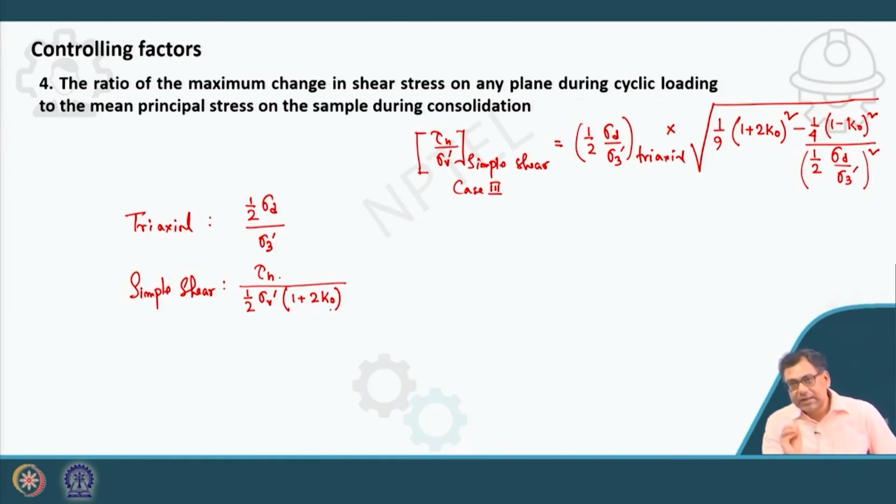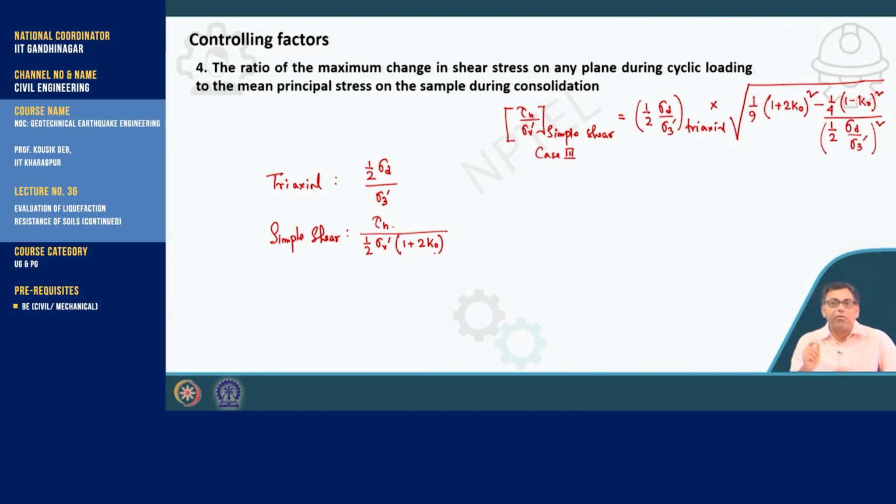So that means in the first case it was any plane, in the second controlling factor it is any plane, in the third case it is on the sample. That's why in the third case we have taken tau max, maximum shear stress, and in the other three cases it is any plane. There also it is the maximum change. Maximum change means 0 to maximum shear stress.